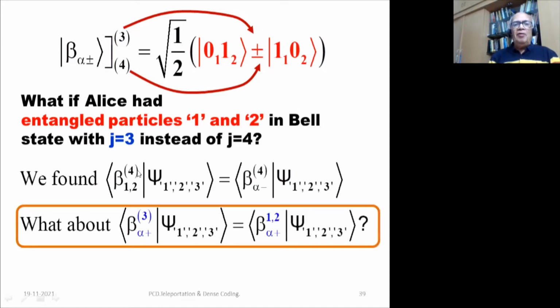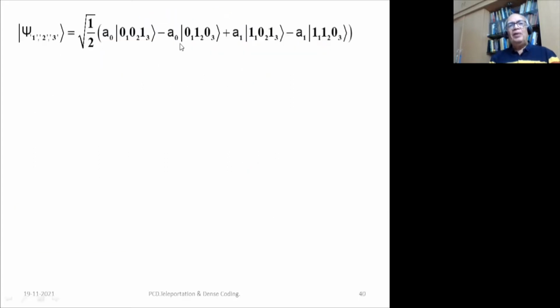So here, this is what we found earlier, which is the component of the 3-qubit vector in Bell state number 4. Now we have to find the component of the 3-qubit vector in Bell state number 3. We can find it quite easily because this is the product vector of the 3 qubits, of which 2 and 3 are in a Bell state.